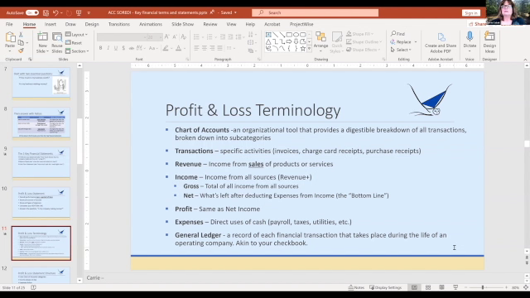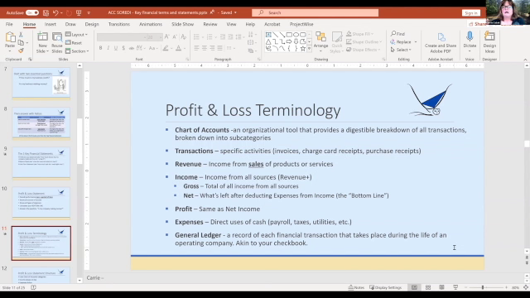And the reason this is important is that if you're evaluating the performance of your business, you want to evaluate it based on its ability to produce sellable products and services. So hopefully that helps you differentiate between revenue and income.